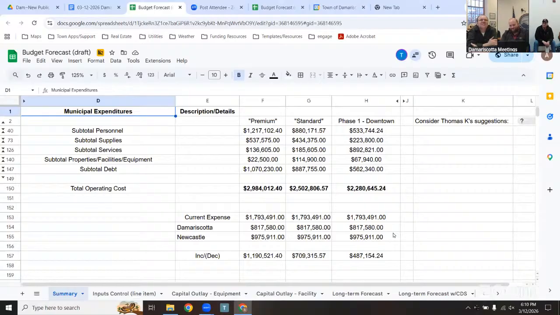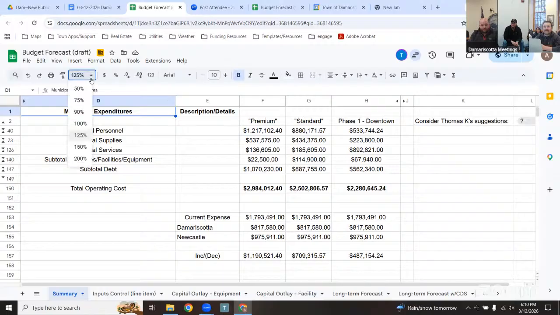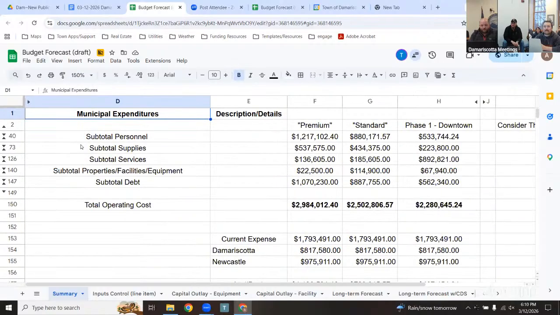Blow that up just a little bit, can you, Kevin? So this just gives you the summary of the total operating expense, operating and capital, debt service, facilities, each of those roll up.